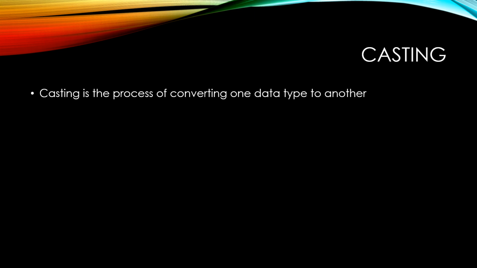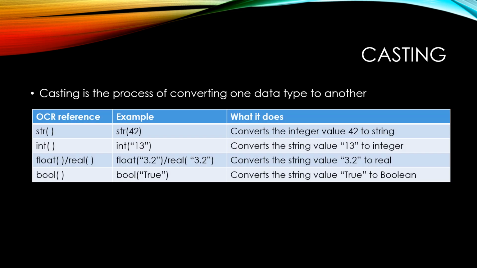Casting is the process of converting one data type to another. There are 4 methods for casting that you need to be familiar with. The string method converts an integer, real or Boolean value into its string equivalent. The integer method converts the string equivalent of an integer into an actual integer.